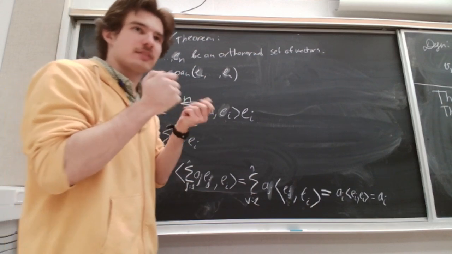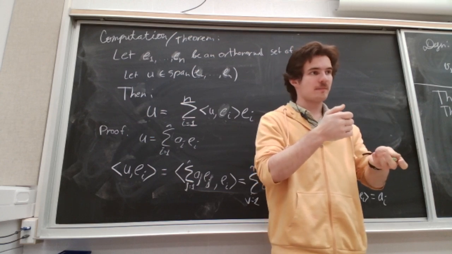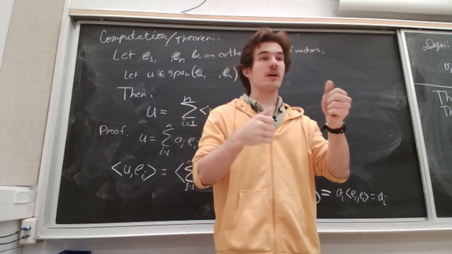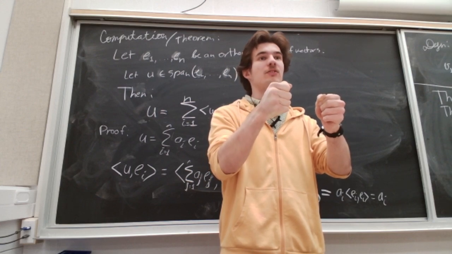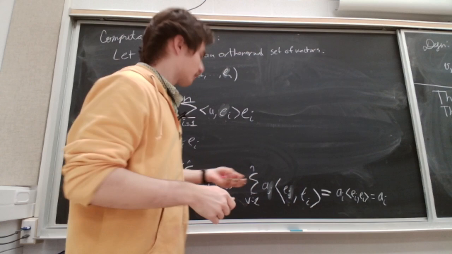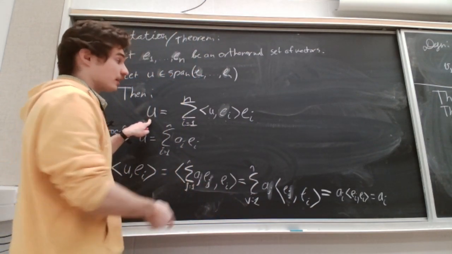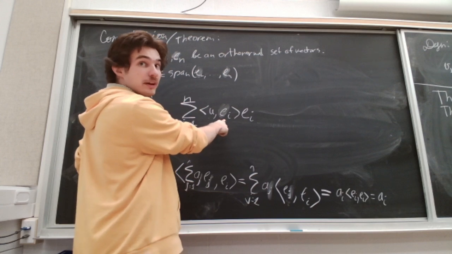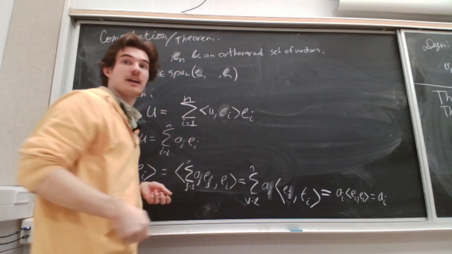So what does this tell us? If I choose an orthonormal basis, then the inner product of a vector with one of those orthonormal basis vectors just gives you the coefficient in the expansion of u. It gives you the piece that's in the direction of ei.